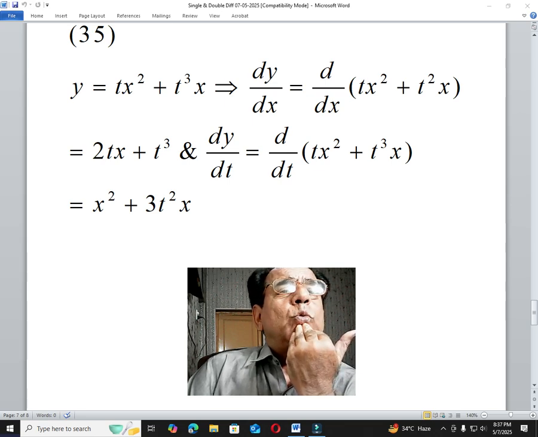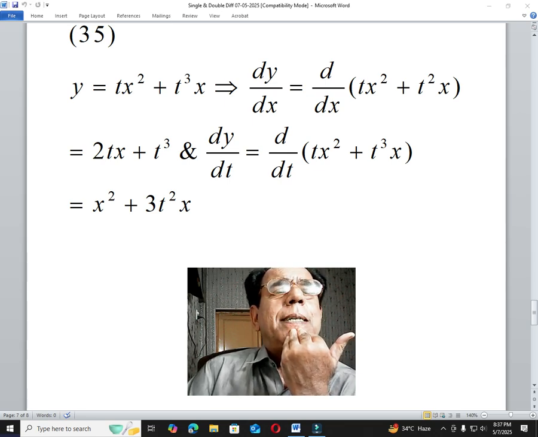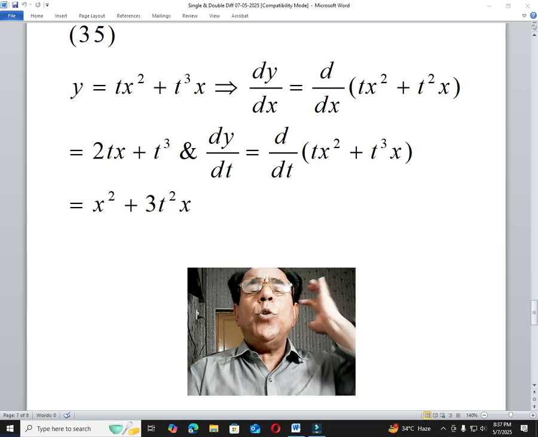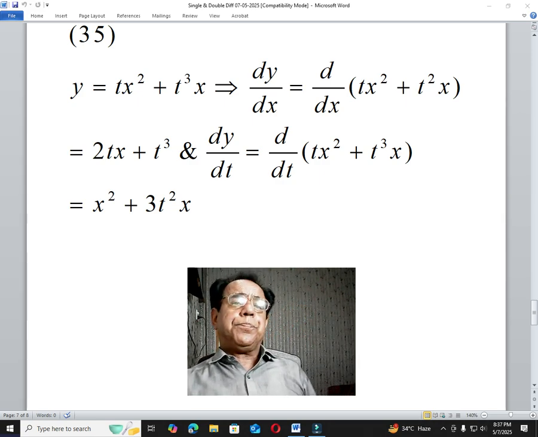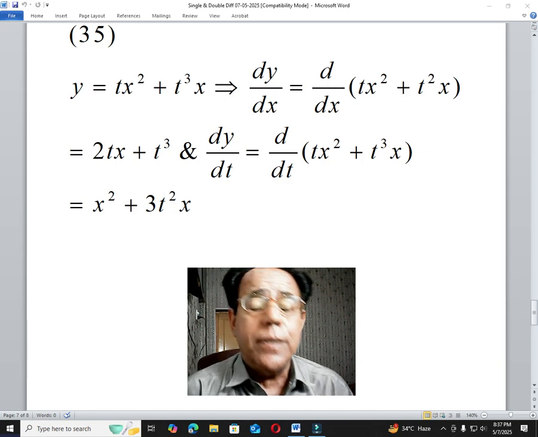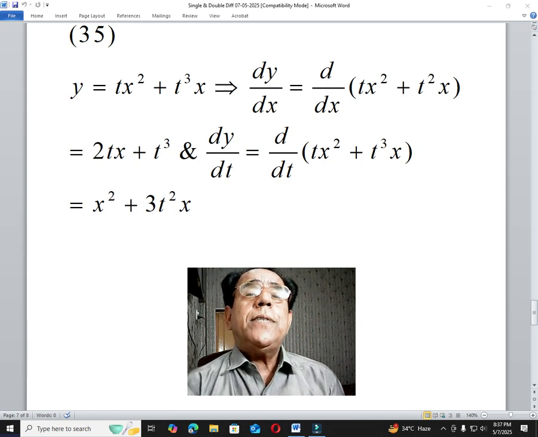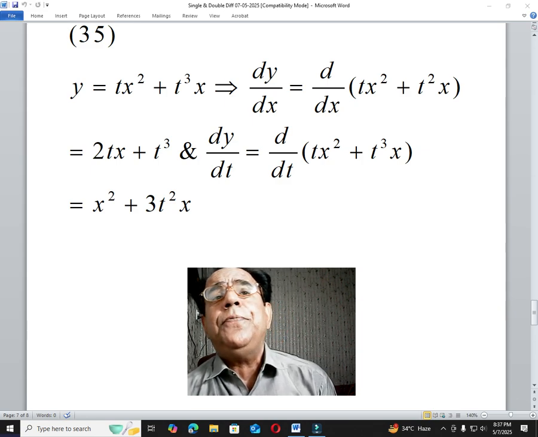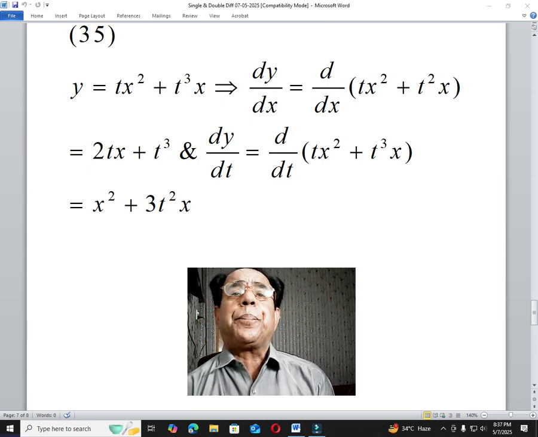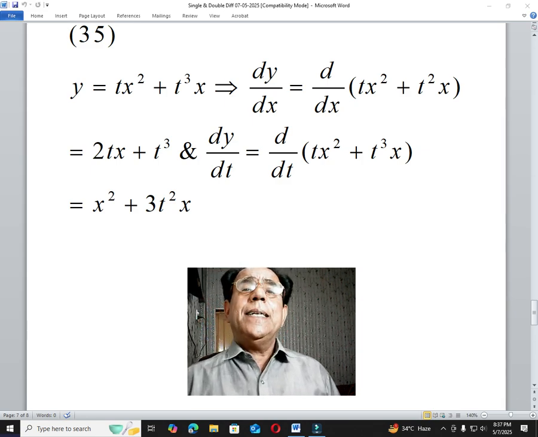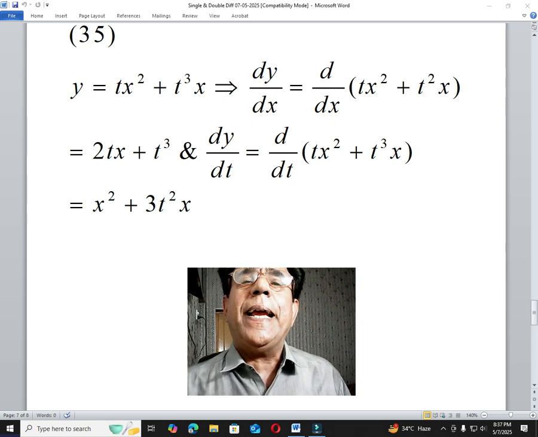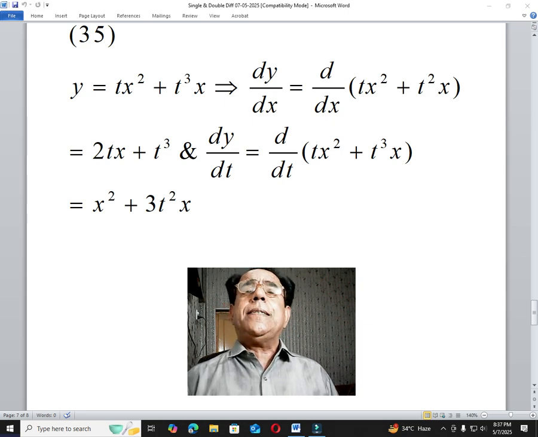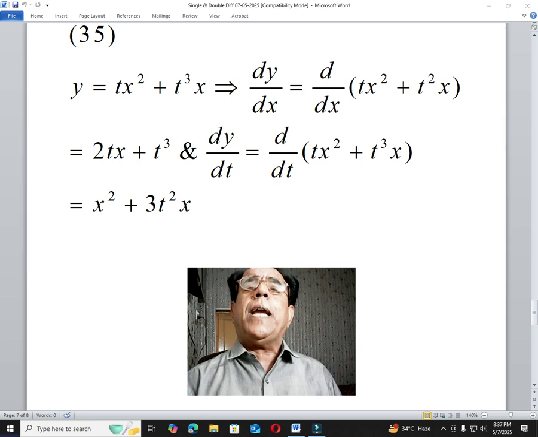Problem 35: y is equal to tx square plus t cube x. This implies that dy by dx will be d over dx of the whole function. Now students, when we are going to differentiate tx square plus t cube x with respect to x, then t will operate as a constant, and differentiation will only apply to x square and simply x.